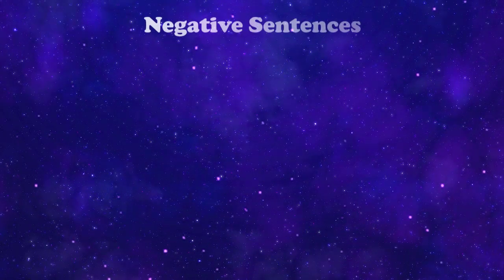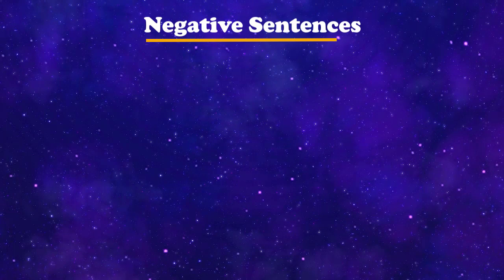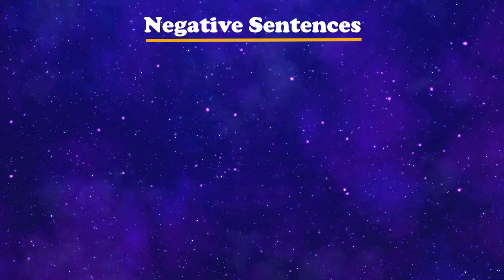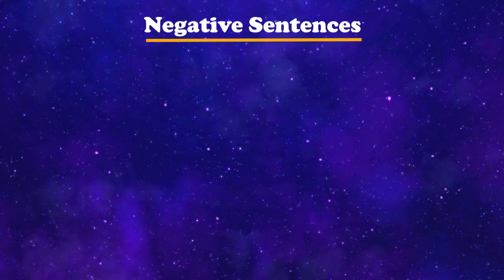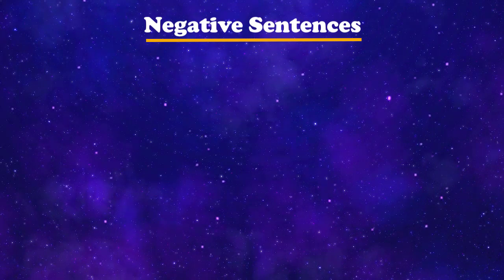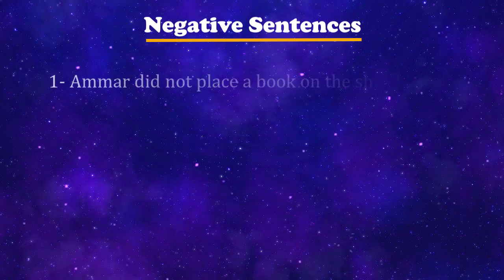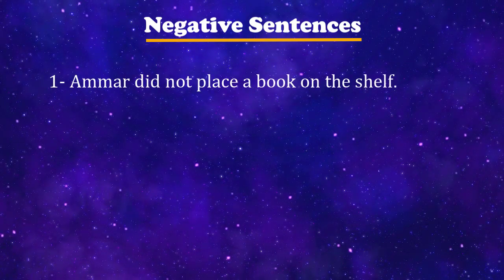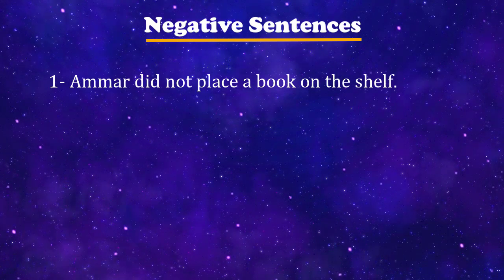Let's change all of these sentences into negative. As I told you, to make them negative, we put did not after the noun or pronoun. Our sentence number 1 is Ammar did not place a book on the shelf.